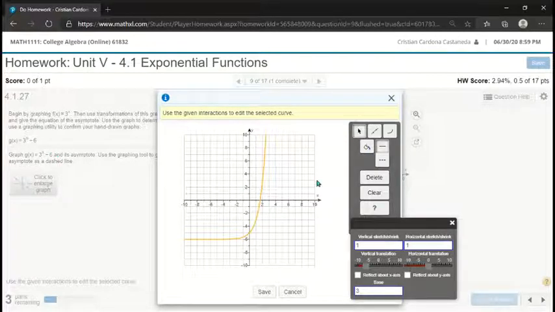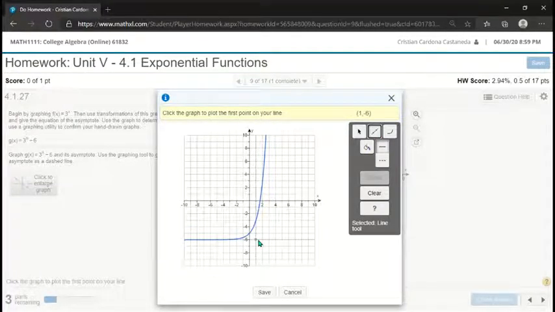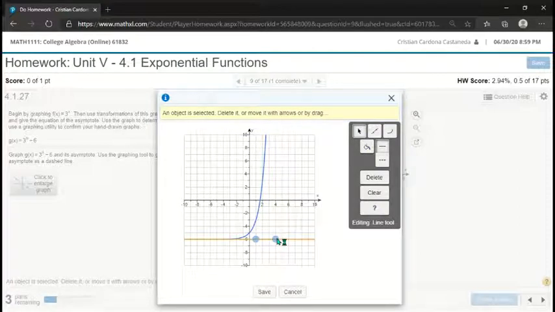So you're going to select the line tool and make 2 dots. Where you're going to make those 2 dots is at the value -6, because the graph is approaching that value but is never really quite touching it, so we have to put it in a dashed or dotted line to symbolize that.